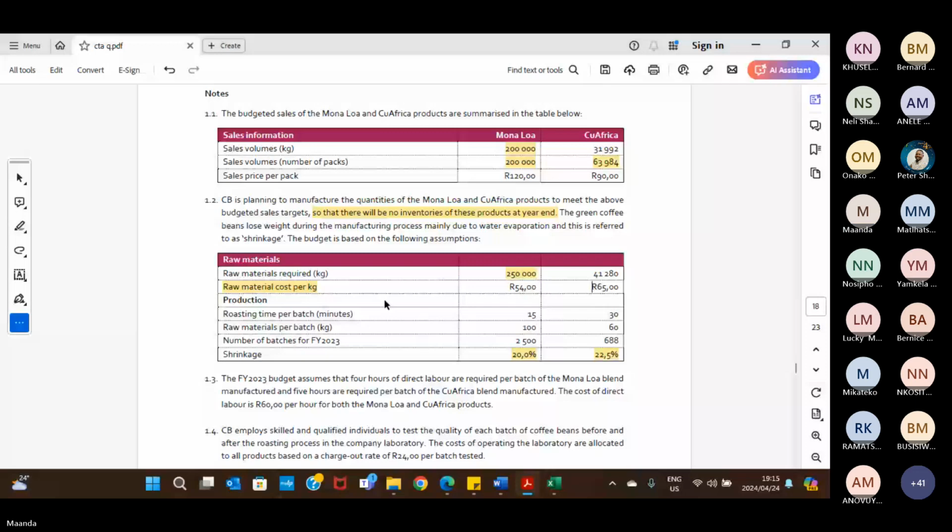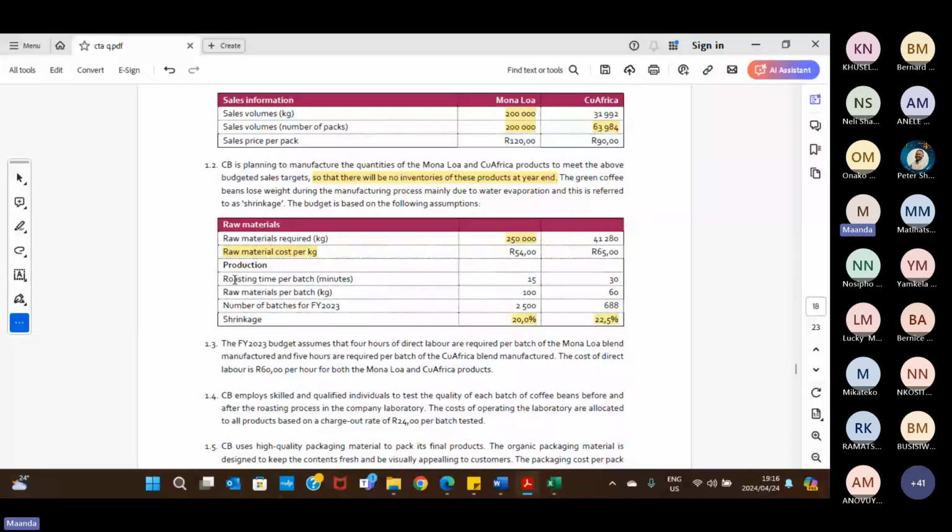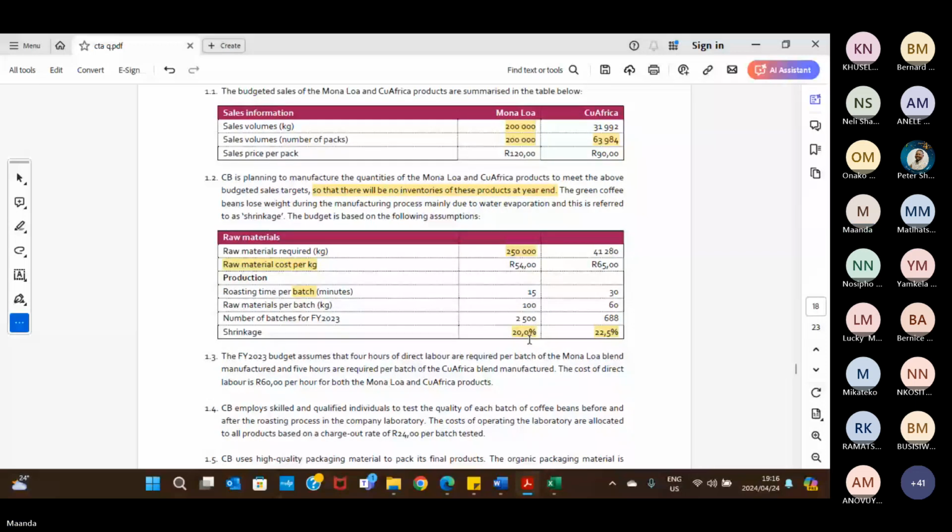So that's fine. Now production. So now they give me all this. The roasting time per batch. Again, measurements are very important. So they're giving the roasting time per batch. It means that for one batch, I need 15 minutes of roasting time for M, and then I need 30 minutes per batch for C. Then raw materials per batch.